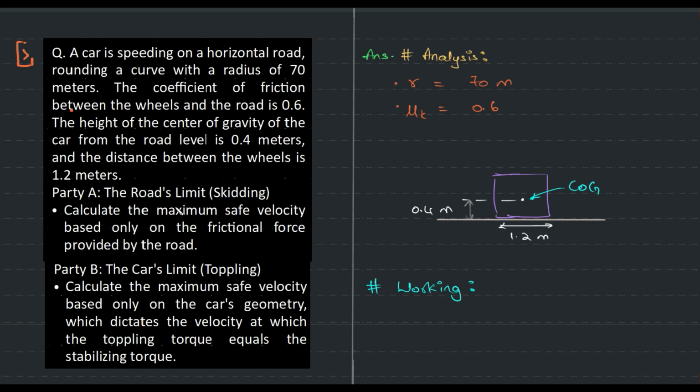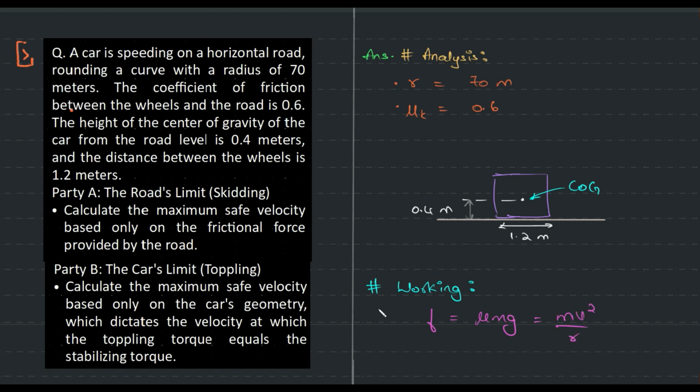Part A, the road's limit, skidding. Calculate the maximum safe velocity based on the frictional force provided by the road. We know that the frictional force provides the required force to negotiate the curve.